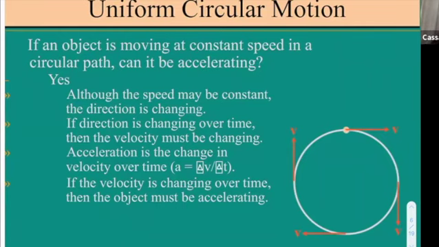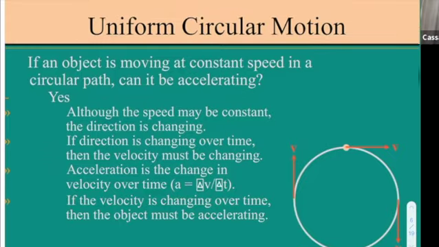All right. So if an object is moving at constant speed in a circular path, can it be accelerating? The answer to that is yes, although the speed may be constant, the direction is changing. So technically, velocity is always changing when an object is moving in a circular motion. Therefore, there's always an acceleration.